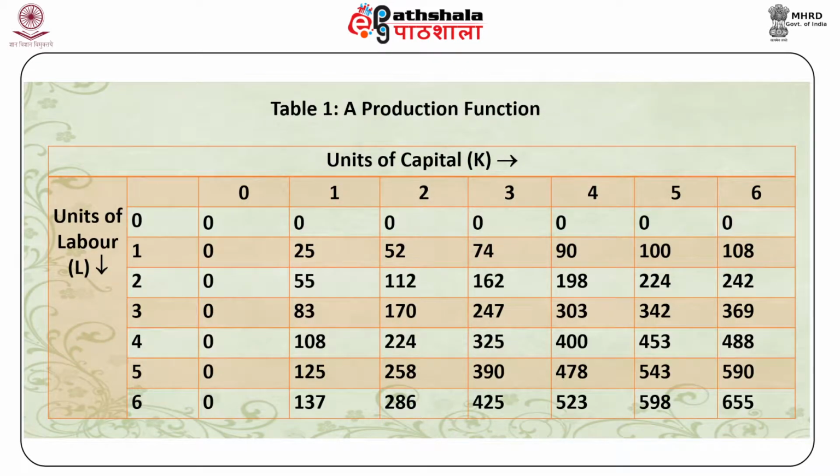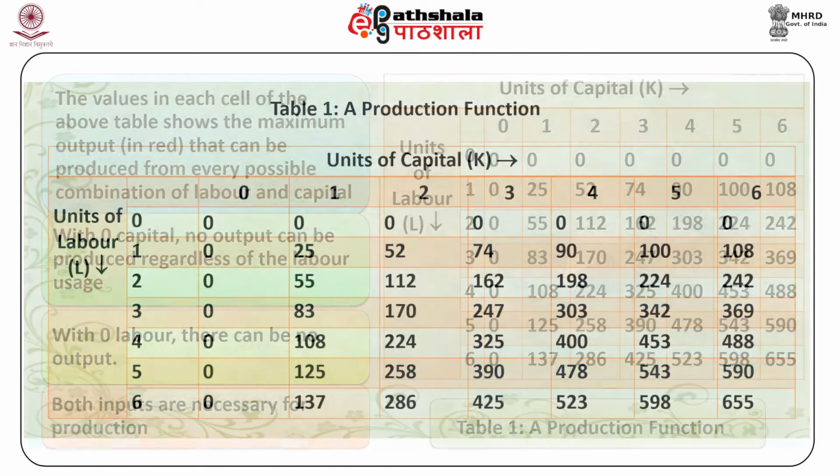This relation can also be represented in the form of a schedule or table where the relation can be clearly seen. See table 1 which shows a production function. It has units of capital and units of labor.